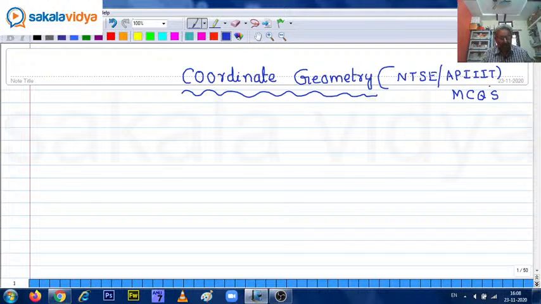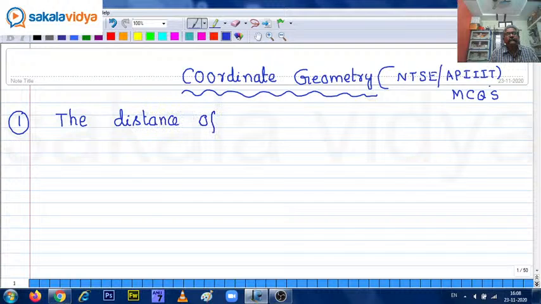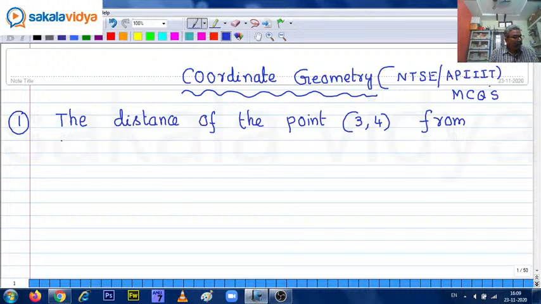Right. First let us discuss the first problem today. The distance of the point 3, 4 from x-axis in units.